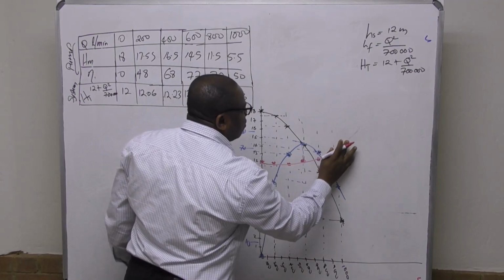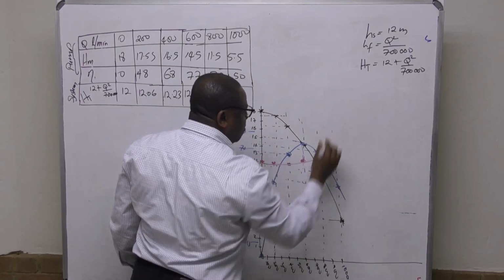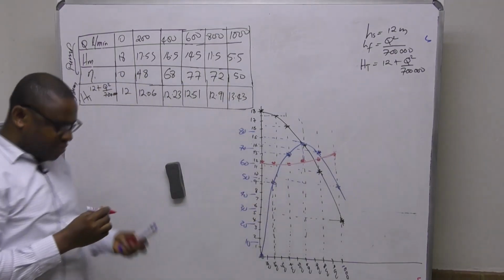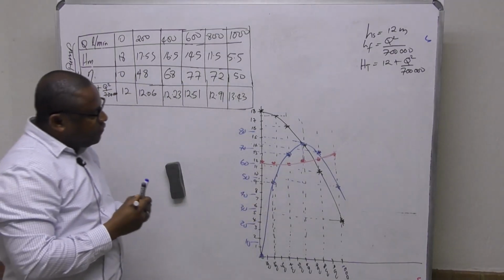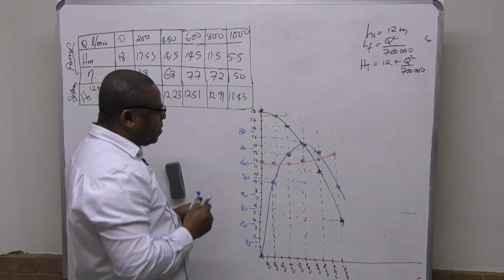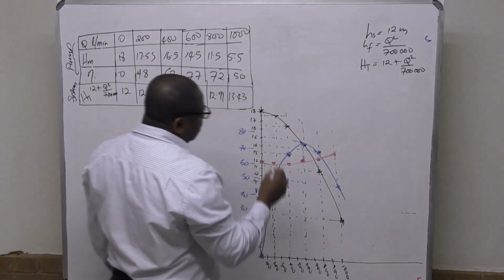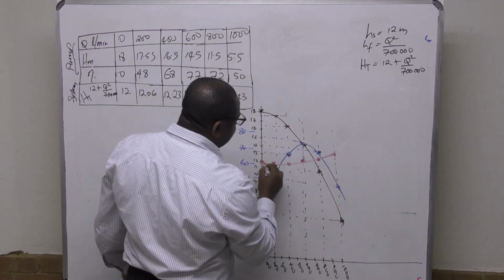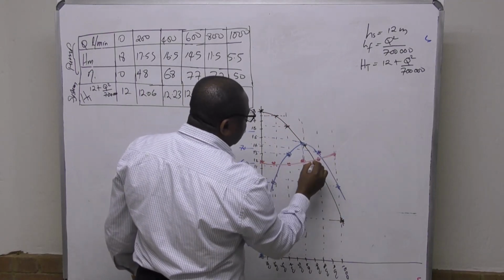Now, I'm going to stop here for now. For this one pump, we look at the intersection of the pump characteristics and the system characteristics. This is the intersection.